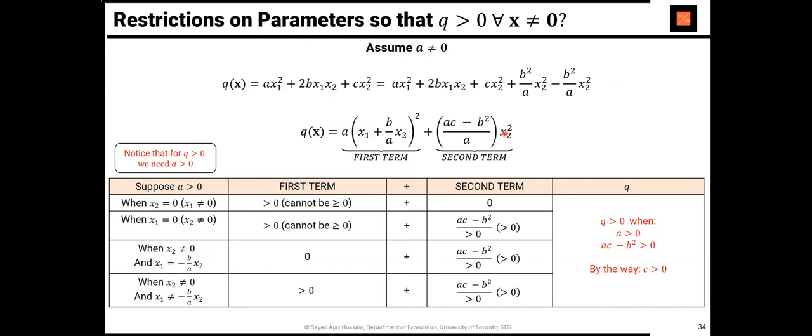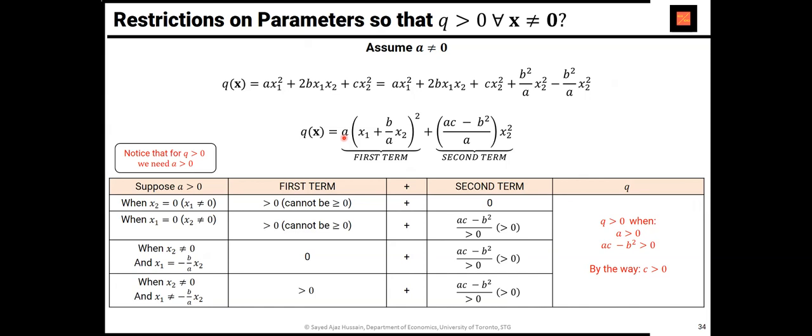Notice that if I ultimately want this q to be positive, since this is a square, squares are bigger than or equal to 0. They cannot be negative. It doesn't matter what value of x1, x2 I choose, or what value of b and c I choose, this square right here is always going to be bigger than or equal to 0. That means that ultimately, if I want this whole q to be bigger than 0, a is a number that cannot be negative.